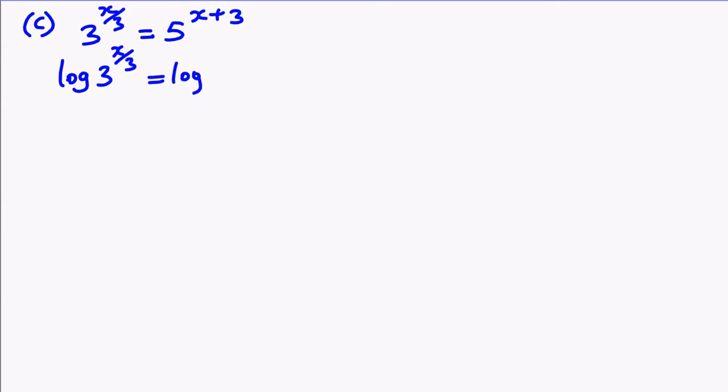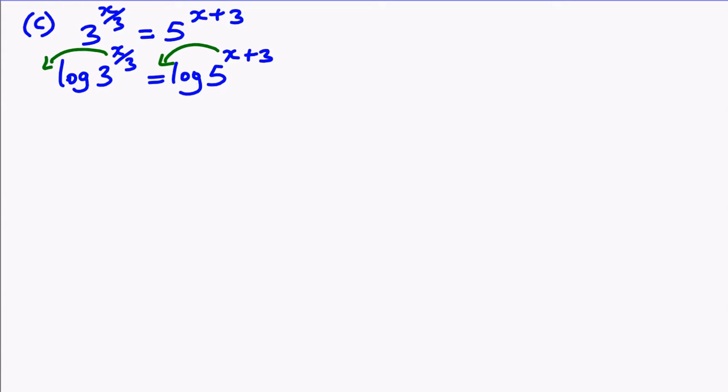For question C, we have 3 to the power x over 3 is equal to 5 to the power x plus 3. So the first step here is we'll take the log to base 10 of the left hand side and log to base 10 of the right hand side.